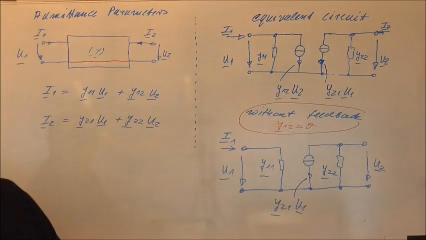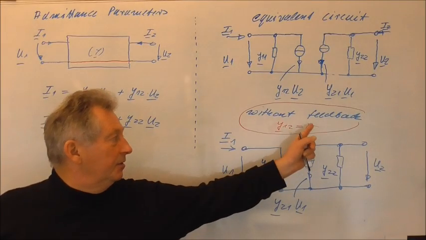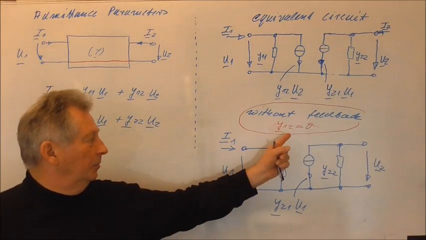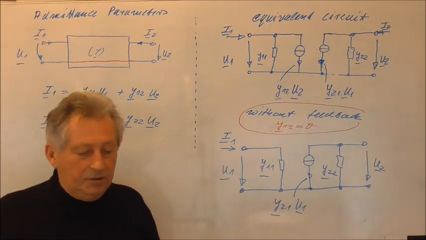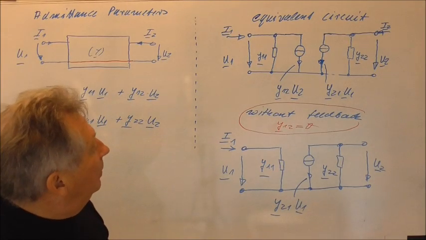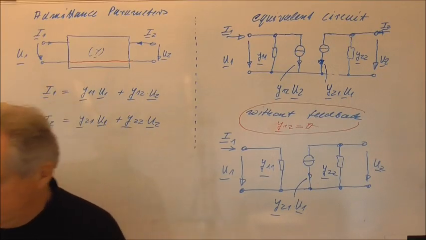And we will later on discuss especially this case and see, as soon as we have this condition, then the transistor itself cannot become unstable, but this we will discuss in later sessions.